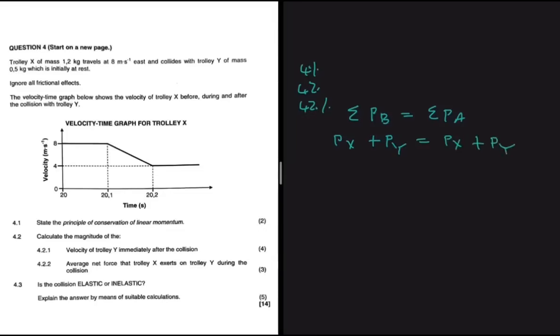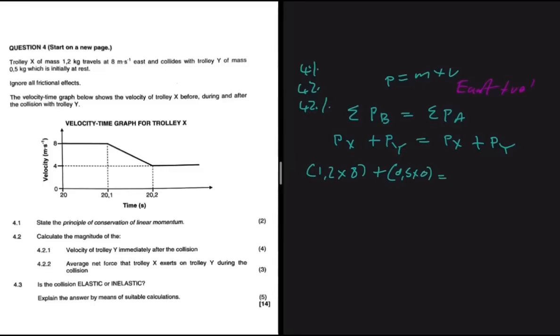So if we calculate the momentum of trolley X, let's not forget that p is equal to m multiplied by v, right? We're going to have 1.2 multiplied by 8. So now we can see that we need to decide on a direction. So let's take direction to the east as positive, right? And then the momentum of trolley Y, it is at rest, right? So we have 0.5 multiplied by 0, right?